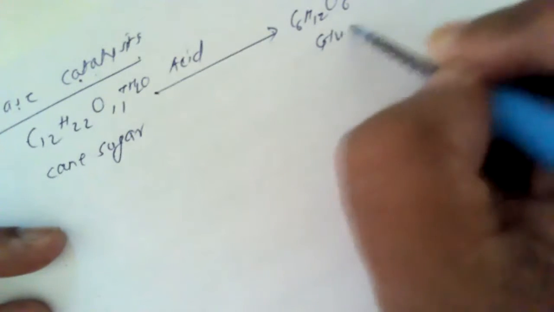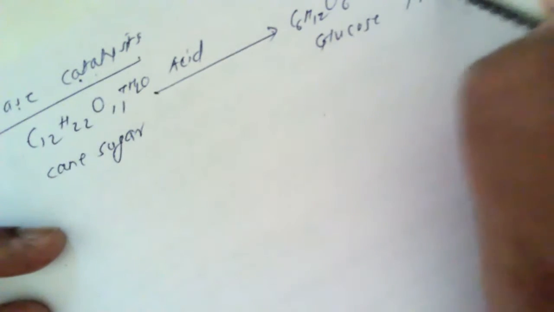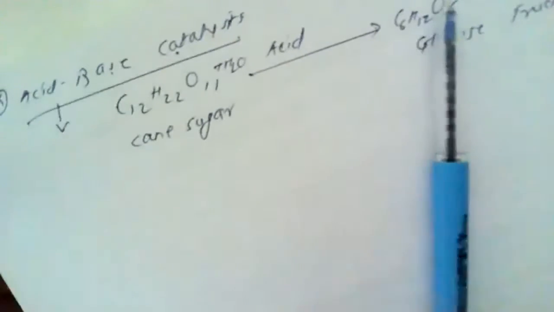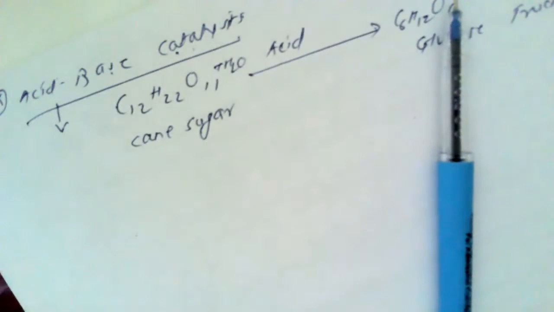The first product is known as glucose, another product is known as fructose. So this inversion of cane sugar is possible only in presence of acid, and hence this is known as an acid catalyzed reaction, where the dilute mineral acid, for example HCl, plays a very important role.